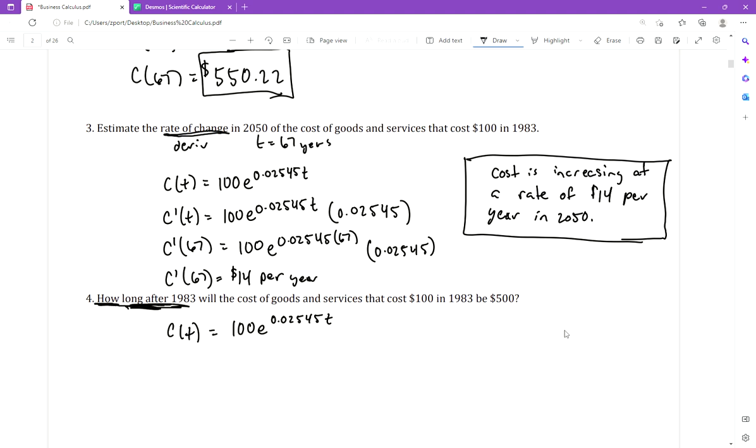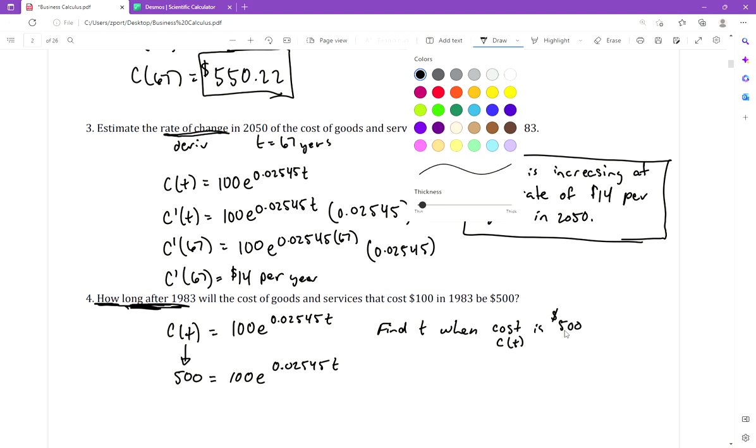So we're finding t in this problem. Find t when the cost, and the cost is C of t, is $500. Okay, so that means we're going to change this to be $500, and then equals 100 e to the 0.02545 t. Okay, so there's our setup. So that way now I'm just solving for t.